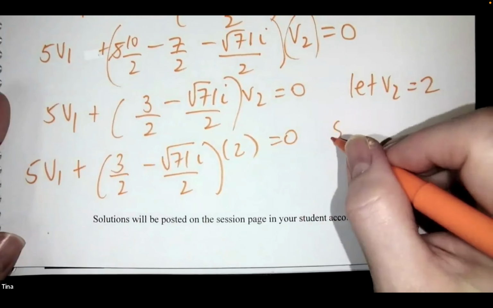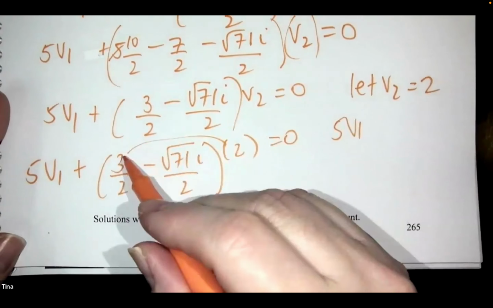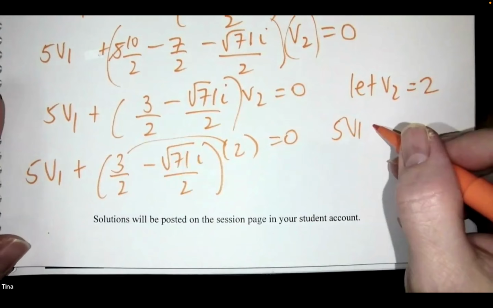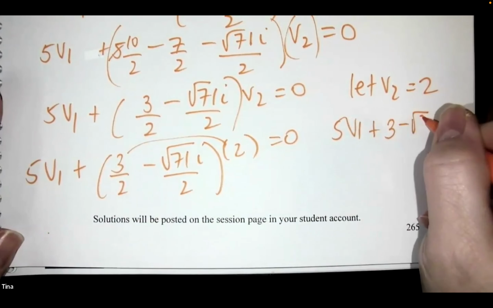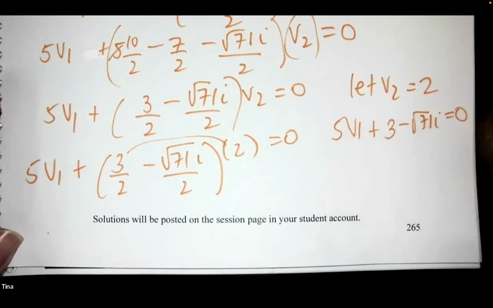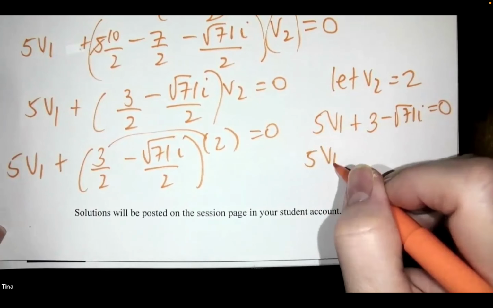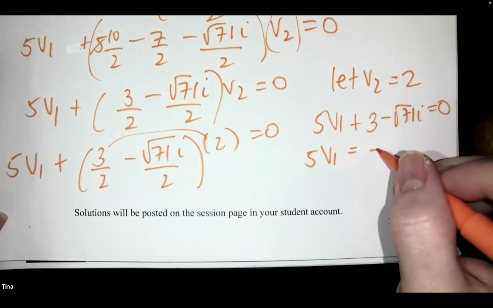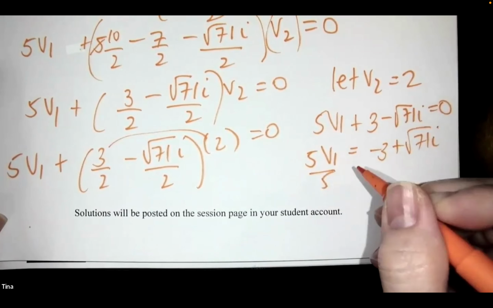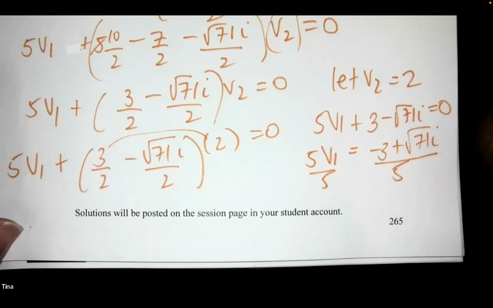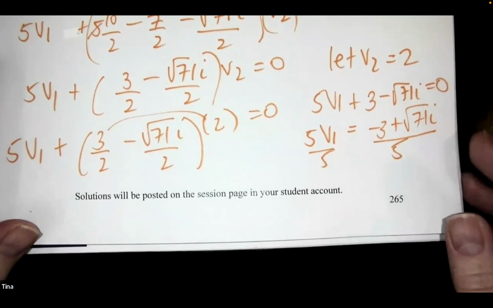So if I multiply this, I've got 6 divided by 2, so that's just 3, and these 2's will cancel. So 5v1 is negative 3 plus root 71i, and that would be over 5.